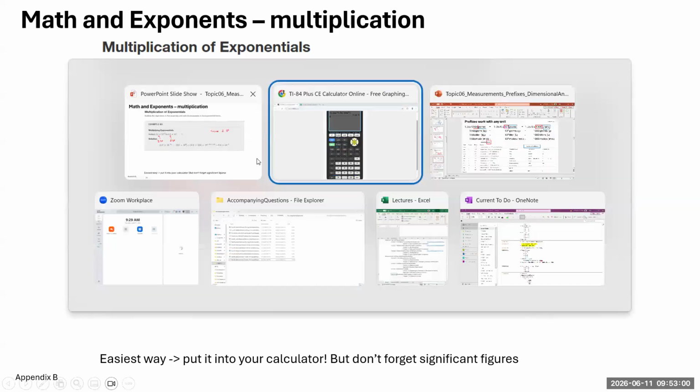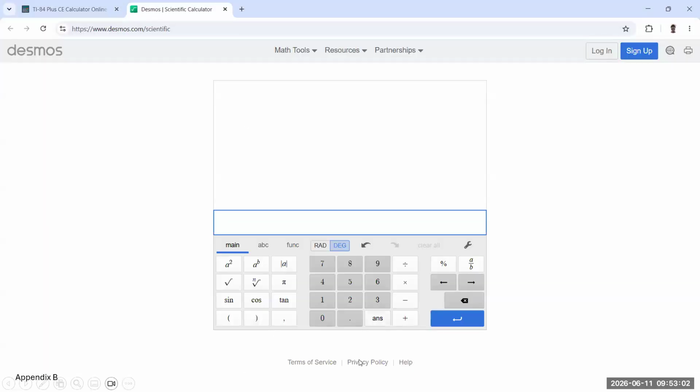All right, let's do 4.2 times 10 to the negative 8. I'm going to use a different calculator now just to show you. So 4.2 times 10, and then we press this button here. Oops, sorry, let's go back one. We want to make that a negative, and on this calculator minus and negative look the same.